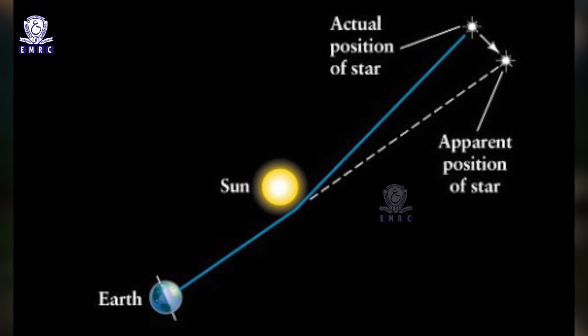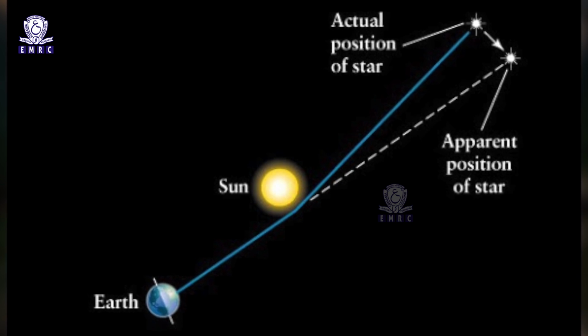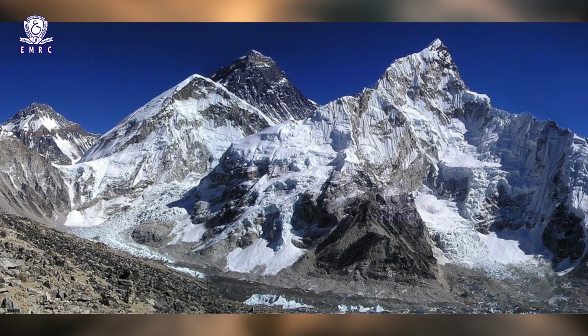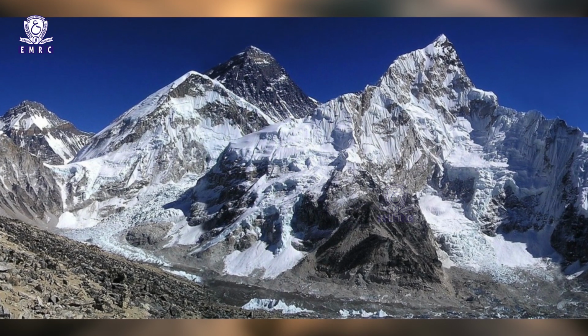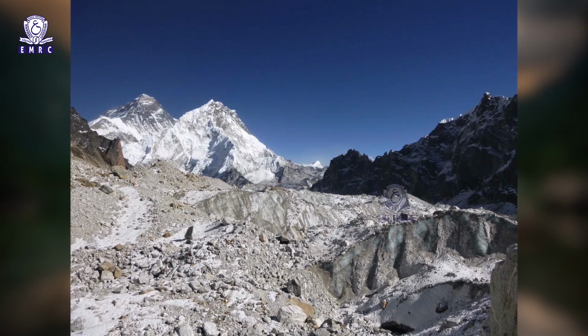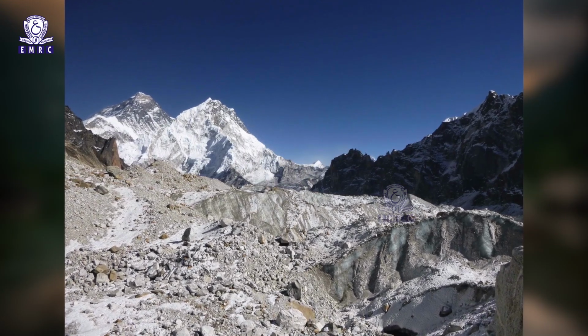Pratt's calculation of the difference of gravitational deflection brought another fact before the scientists: the Himalayas were not exerting gravitational attraction according to their enormous mass. This interpretation gave birth to another problem.